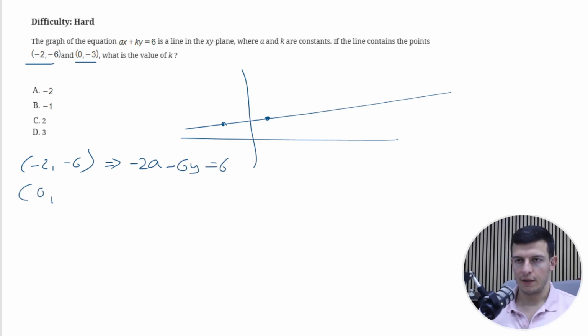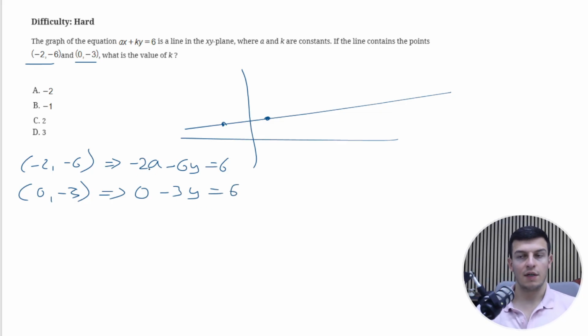And if I plug in (0, -3), what will I get? The first term will be 0, and the other one -3k equal to 6. Now, I was thinking we're going to do simultaneous equations, but the second equation is actually solvable right away. So -3k equal to 6, k equals -2.